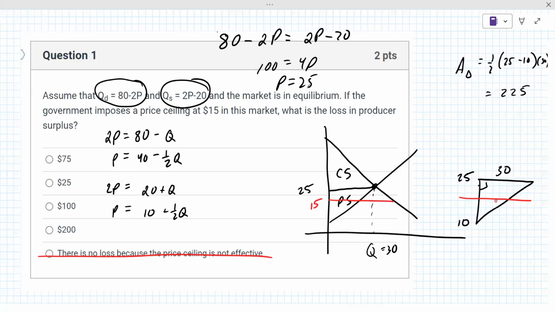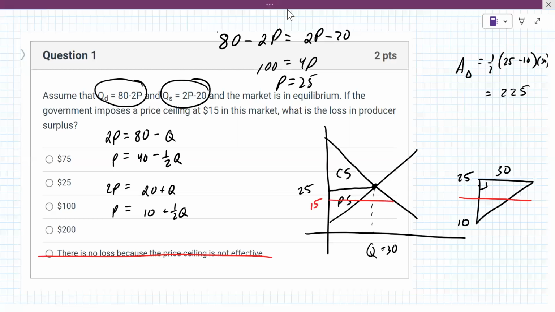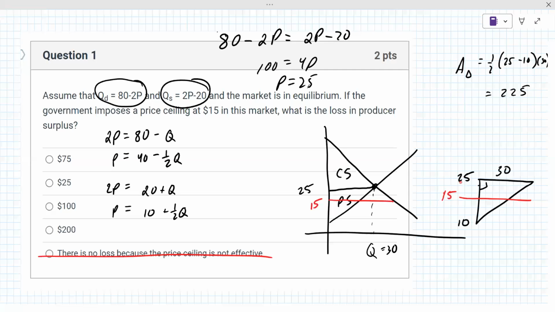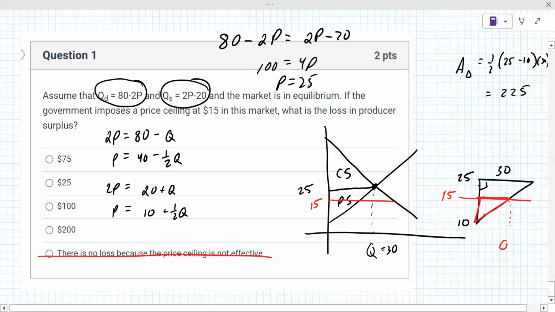Okay, and then we have to figure out, well, what happens when you cut it with this line right here. So what that does is it changes the base, and then it also changes this quantity. So we've got to get this new Q value here. You get that from putting the 15 back into the line that goes up. This one here doesn't look right.